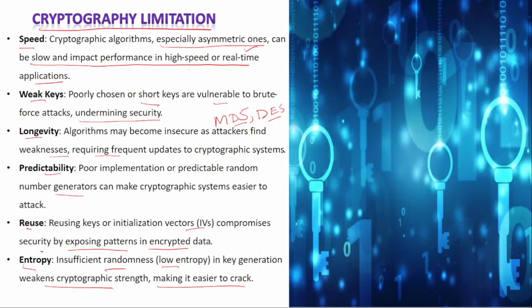So entropy means that the keys and the random numbers should be random, and randomness should be enough so that the attackers cannot make sense of the encrypted data. The more the randomness, the more is entropy, and the less the randomness, the less is entropy.